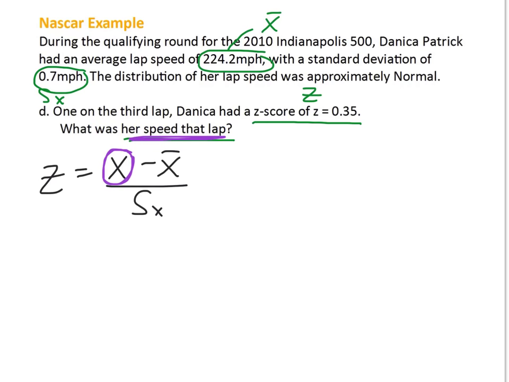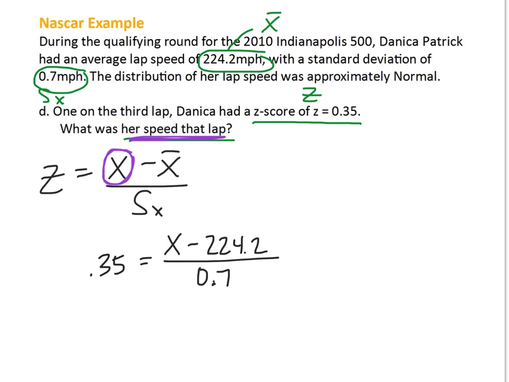So if I think about my formula and rewriting it with the numbers that I'm given, I'll put 0.35 where z is, equals x, which is my unknown, that's what I'm looking for, minus the mean of 224.2 over the standard deviation of 0.7.